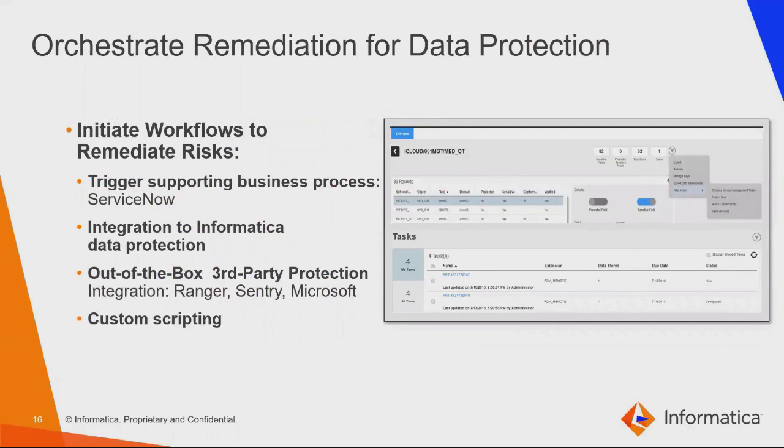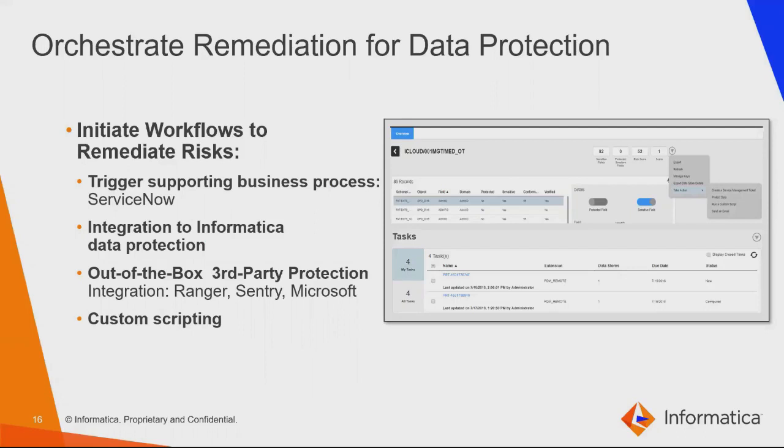How do you orchestrate the remediation for data protection once the sensitive data is found? It has to be taken to the next level to take action on it, and there are multiple ways inside DPM. One, you can initiate the workflow to remediate the risk using ServiceNow integration with ticketing management, where it can be integrated with other protection mechanisms.